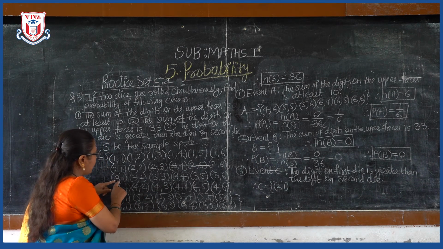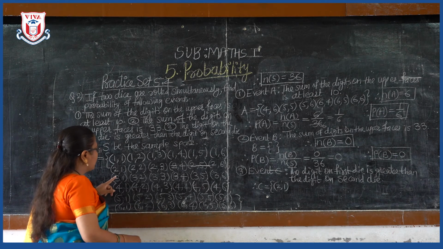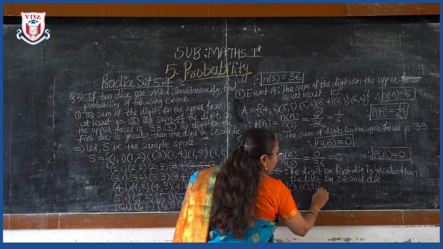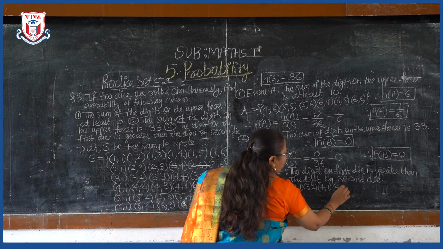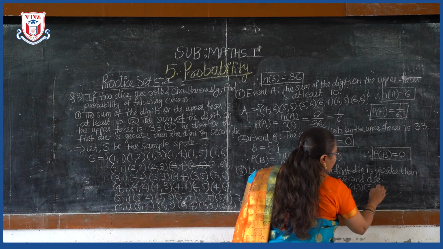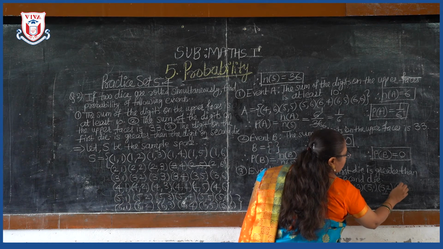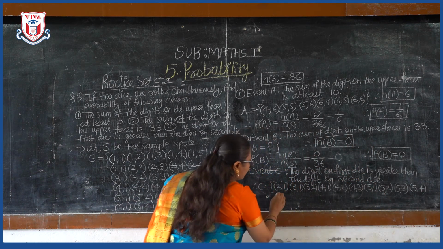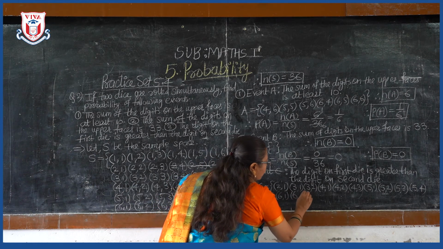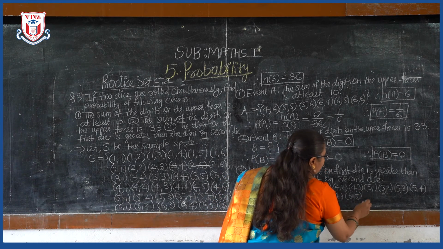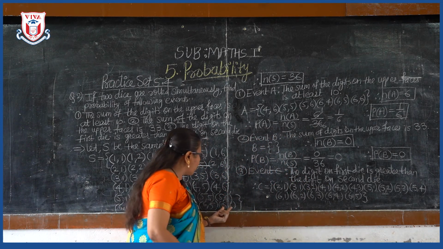Now next we will take 3 1, 3 2, 4 1, 4 2, 4 3, like this we can select. 3 1, 3 2, then 4 1, 4 2, 4 3, then 5 1, 5 2, 5 3, 5 4, then 6 1, 6 2, 6 3, 6 4, 6 5. Close the bracket. 6 6 we can't take because both the digits are equal.